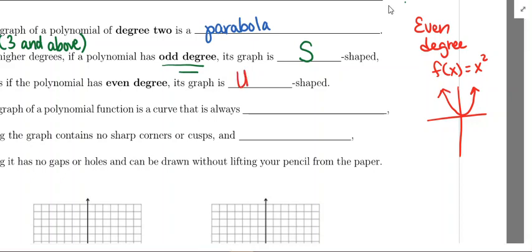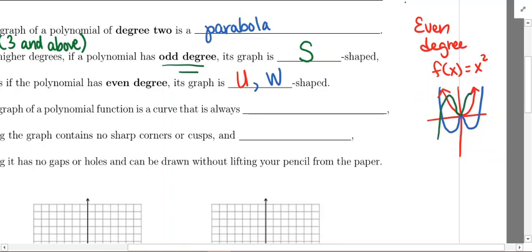Once you go into the higher degrees, as soon as you hit x to the 4th, for example, it's going to get more complicated in that the U might turn into a W. So I'm going to put U, comma, W, and then we can bring in transformations. If I were to flip the blue graph, I might get something like this. We could also see M shapes.